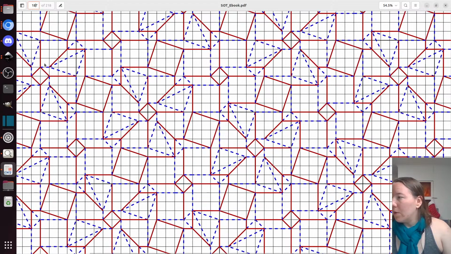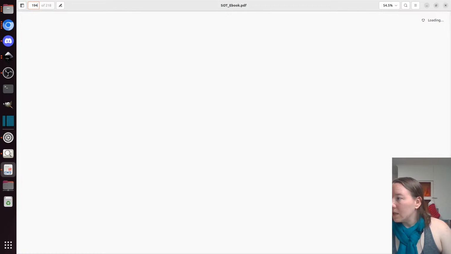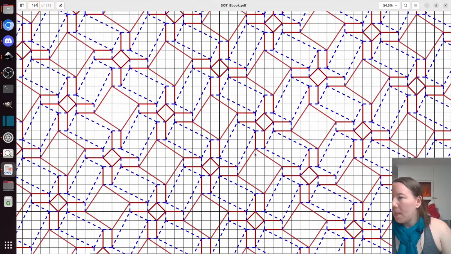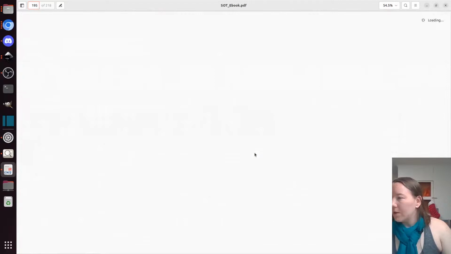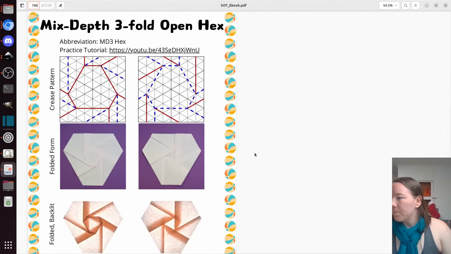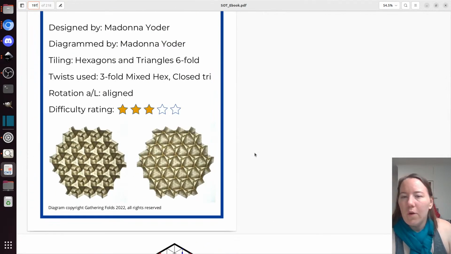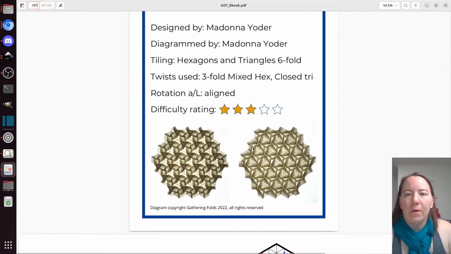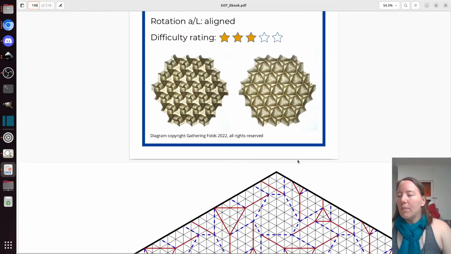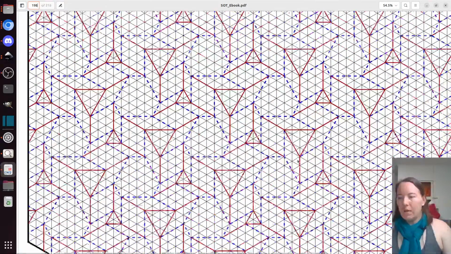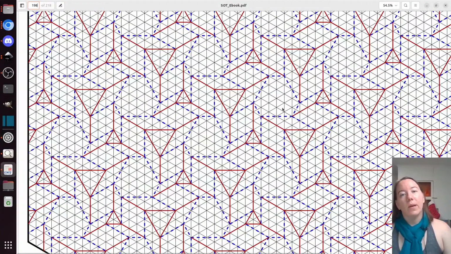If we go, let's see, all the way down and a little further. Okay, so these mixed depth twists can still be used in standard tilings, but they don't have to be. So this one uses 3 double depth triangles and 3 single depth triangles all around these 3-fold mixed depth open hexagon twists.